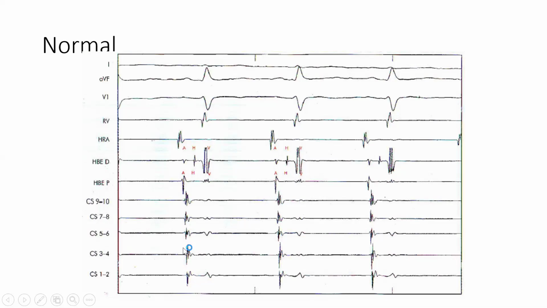The same way, if CS5 and 6 is faster than CS9 and 10 or faster than the His spike, then it tells you that the accessory pathway is around the mitral valve or is septal, compared to the conduction coming from the normal AV junction.